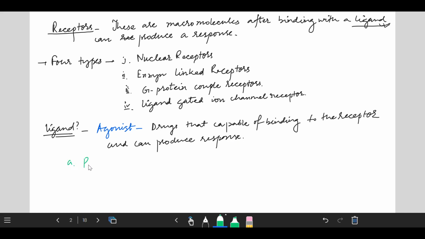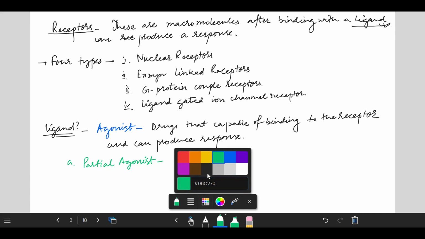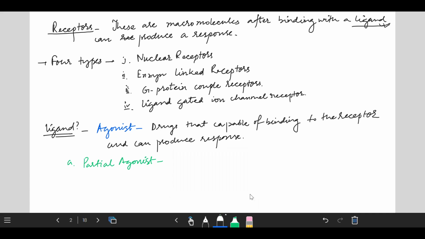First one is partial agonist. What do you understand by partial agonist? Actually, these are the drugs that occupy receptors but cannot elicit or produce a maximum response. Okay.